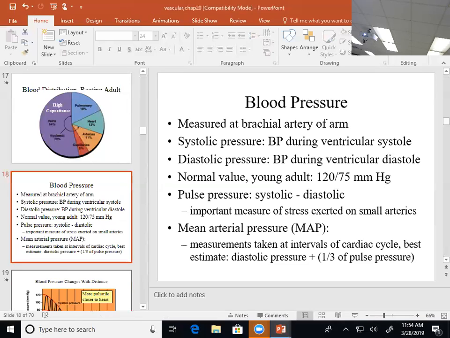Now let me tell you what is hypertensive. Hypertensive is anything 140 or higher for the systolic, or 90 or higher for the diastolic. That's hypertensive. If you're falling somewhere between 120 and 140 for the systolic, and between 80 and 90 for the diastolic, you with me on this?